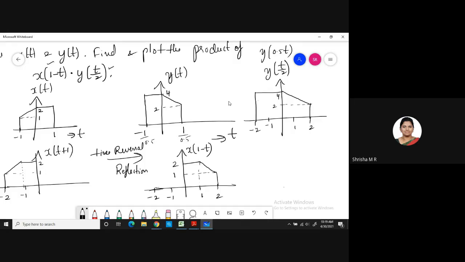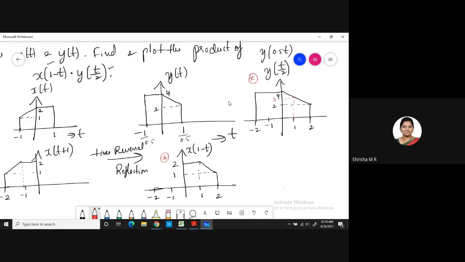Now you multiply those two signals and tell me from where to where your signal will exist. 0 to 2. So the amplitude at 1 is 3. Keep this in mind, it will be handy for solving now. We have to multiply this signal and this signal.